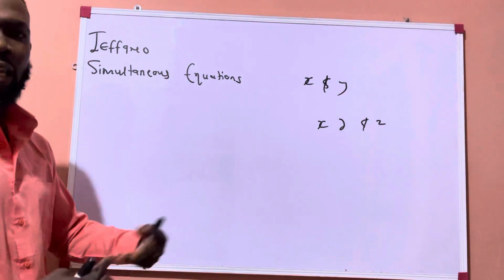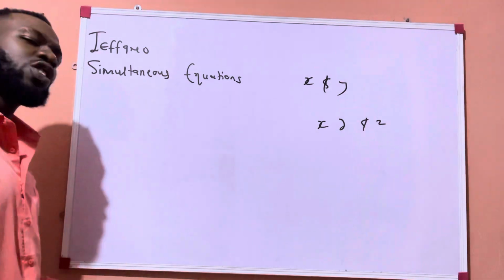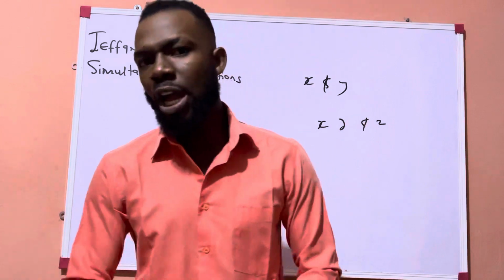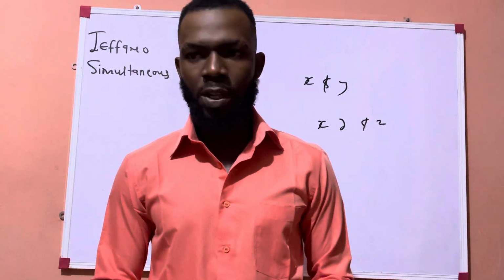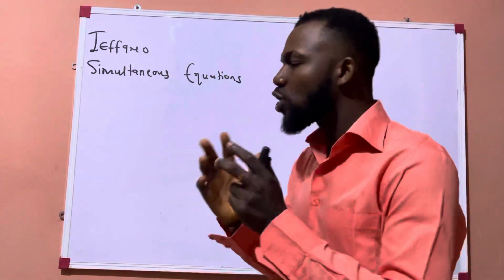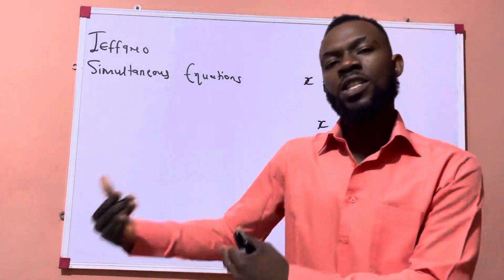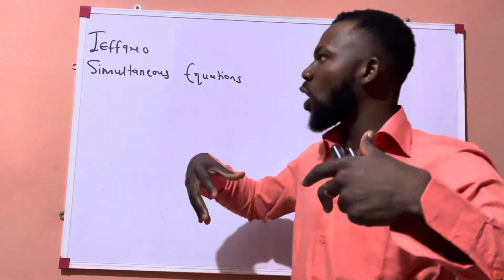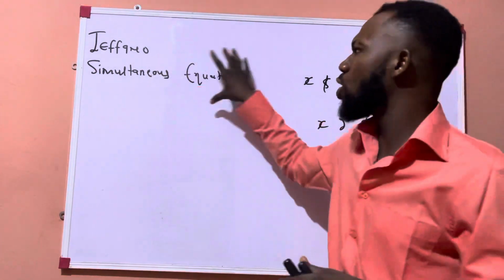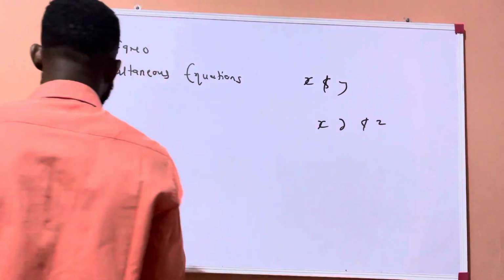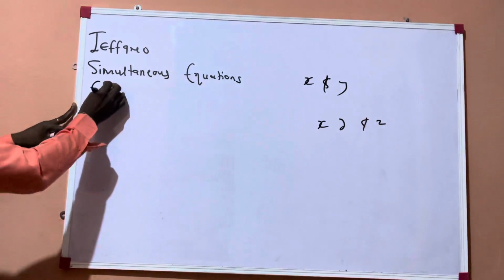We can use the eliminating method, the substitution method, the matrix method, and the graphical method. We are going to be solving simultaneous equations using these methods in different videos. But in today's video, we are going to be looking at solving simultaneous equations using the eliminating method.